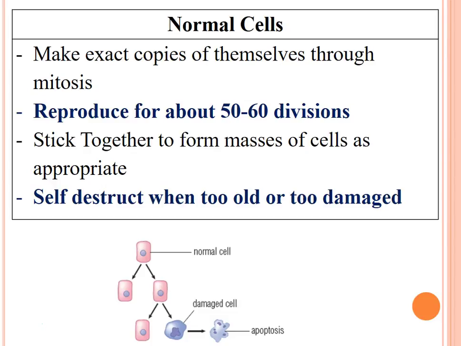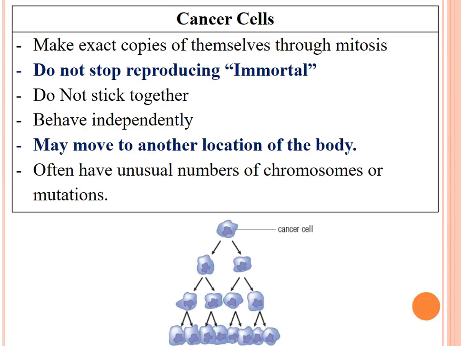So they stick together when it's appropriate. And normal cells will also undergo apoptosis or self-destruct if they have outlived their usefulness or if they've become too damaged. So this diagram at the bottom is just showing a normal cell that has become damaged in some way, and so it's going to undergo apoptosis, die off, and keep the whole organism healthy.